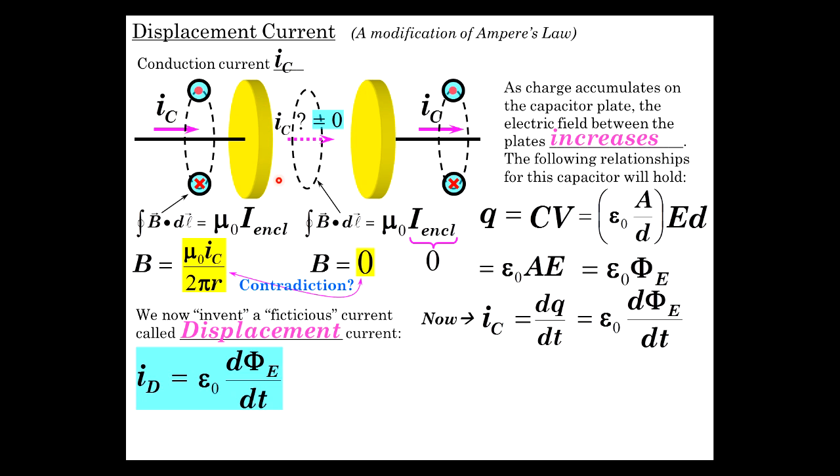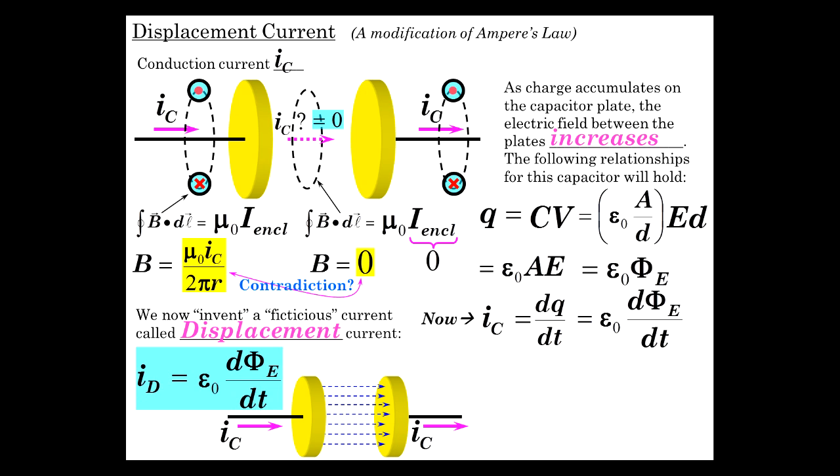And what's nice is we can relate in a practical sense a changing electric flux in this region of space, because we have in that region of space an electric field, and not only that, but that electric field is changing, rising or falling. And that changing electric field then gives rise to the displacement current.